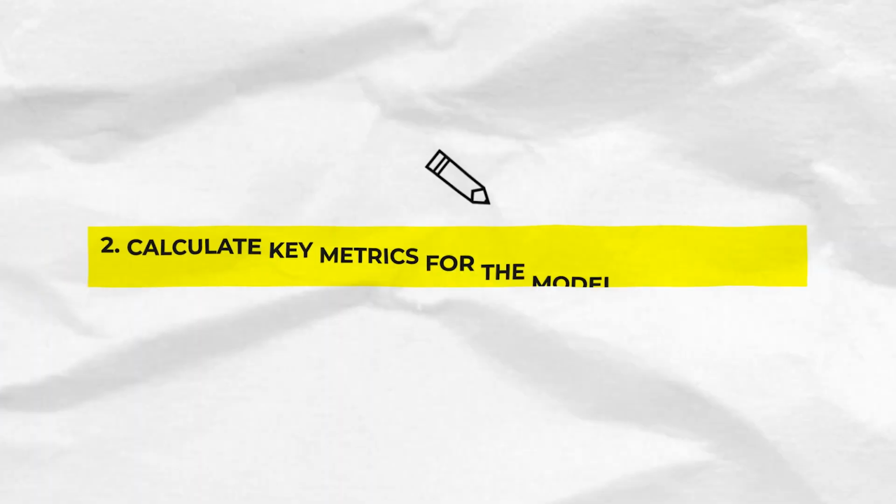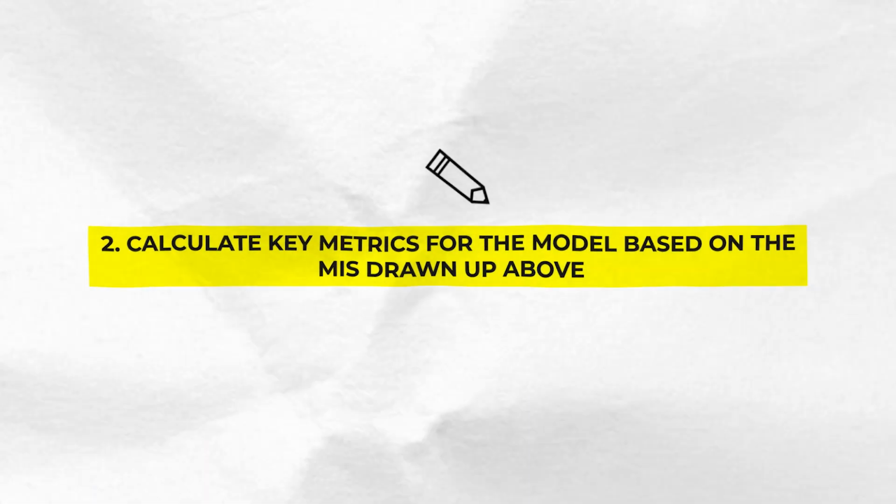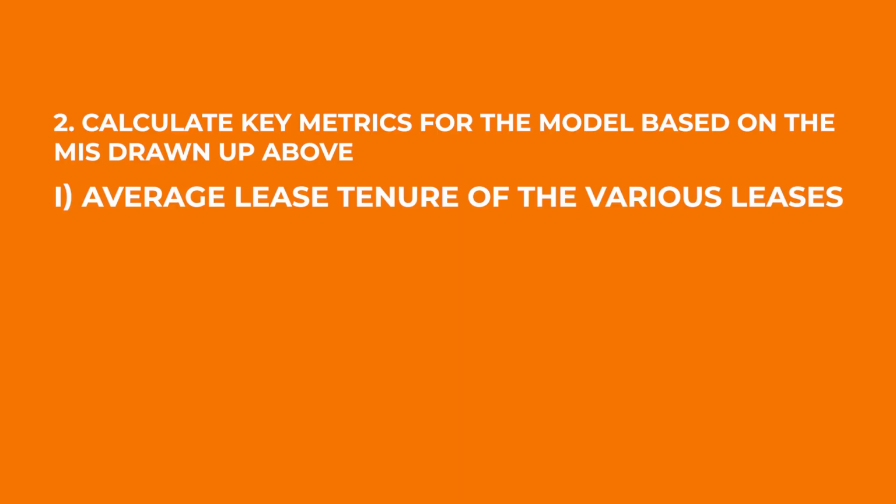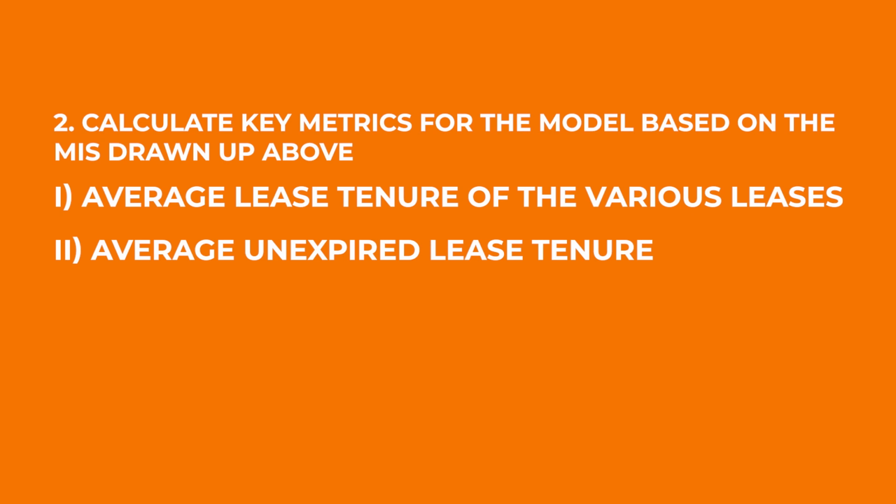Number two, calculate key metrics for the model based on the MIS drawn up above. Now that you have an Excel sheet with a ready reference of all the data with respect to the leases, you have to now calculate certain key inputs which are required for the model. Number one is average lease tenure of the various leases. Number two is the average unexpired lease tenure.